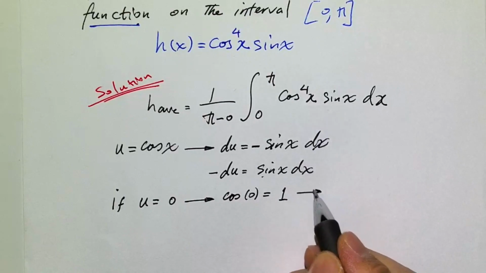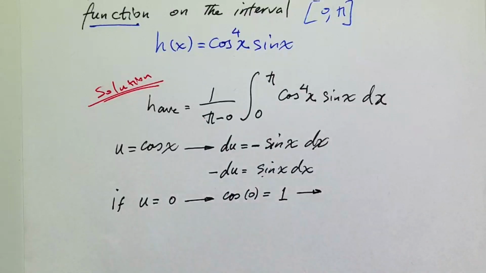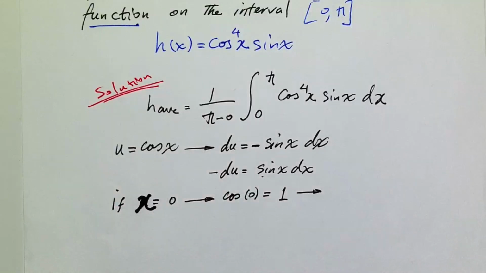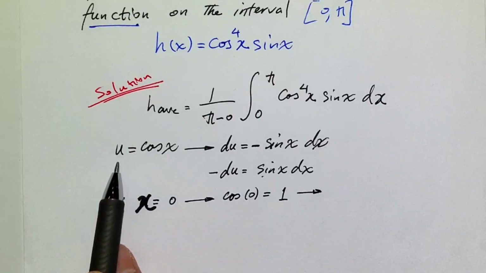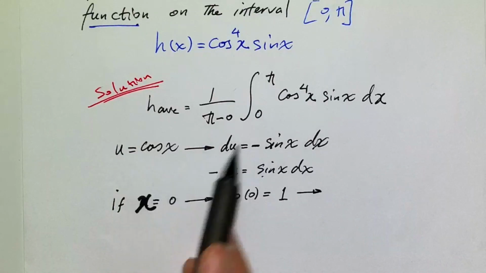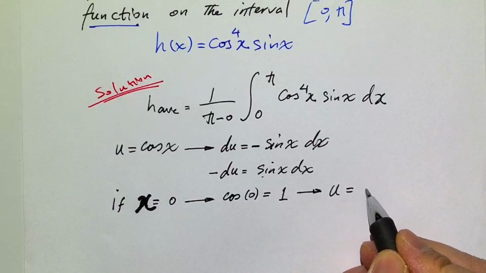Well, let me correct this. If x is equal to 0, we're figuring out the value for the lower and upper limits of the du integral. So if x equals 0, then u would be equal to 1.